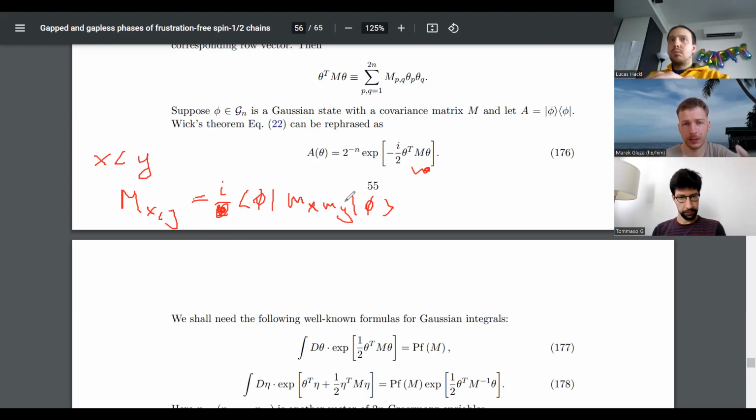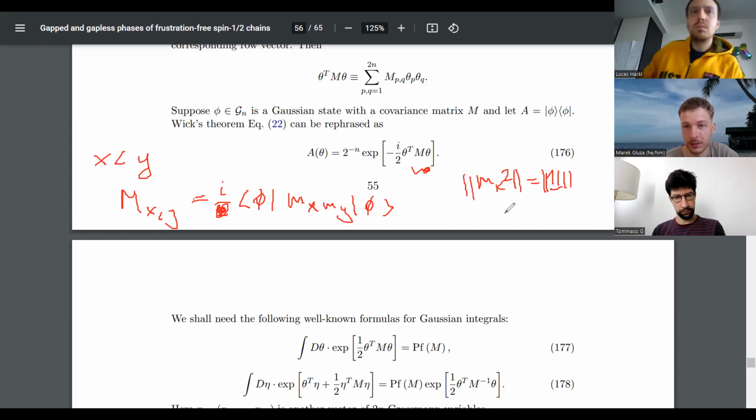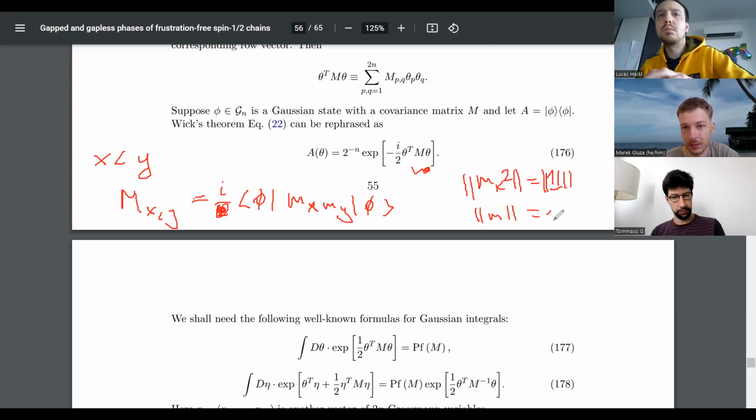So basically, taking the commutator is actually removing the identity, and makes the entire quadratic form much nicer. And now, because we know that MX squared is identity, we can use submultiplicativity of norms, and the operator norm is actually multiplicative. So we find that M has norm equal to 1. Yeah, that's a quick trick to see that.